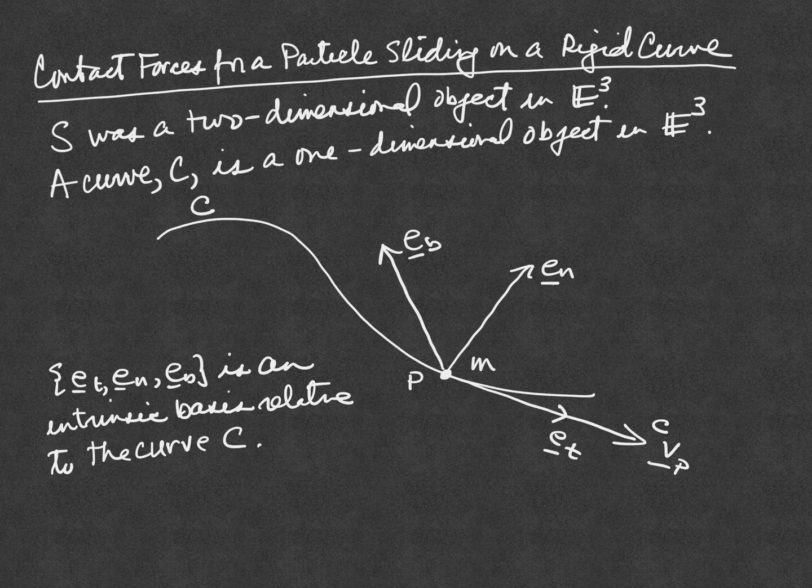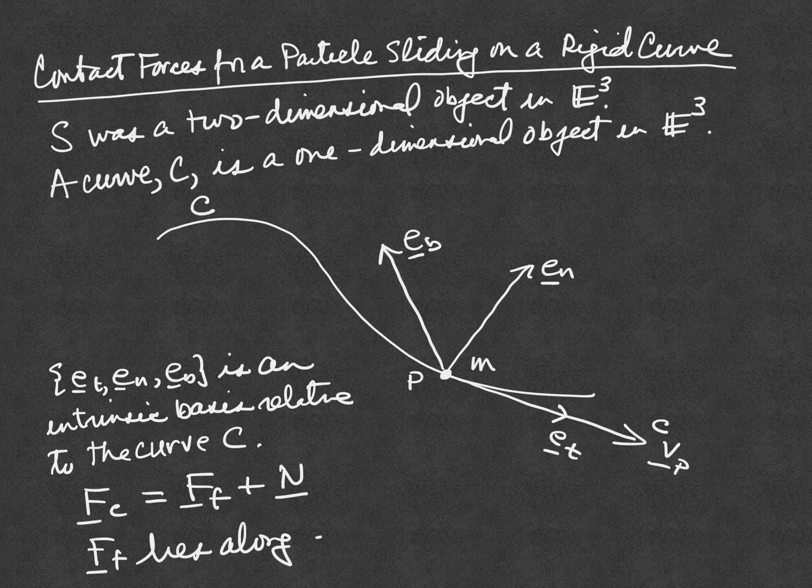So now what we can do is we can actually define the forces F sub F and the normal force, which is that we know again that the contact force is equal to the friction force plus the normal force. In this particular case, though, the friction force lies along the tangent vector.